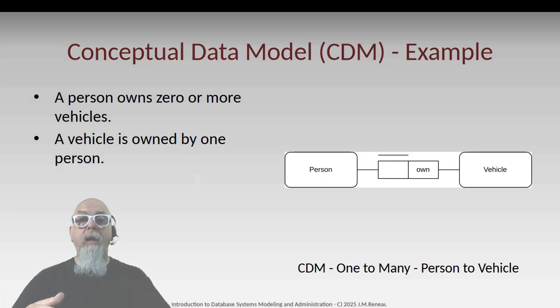So a vehicle is owned by one person, and a person can own many vehicles. So that's the one to many relationship between people or owners and vehicles.